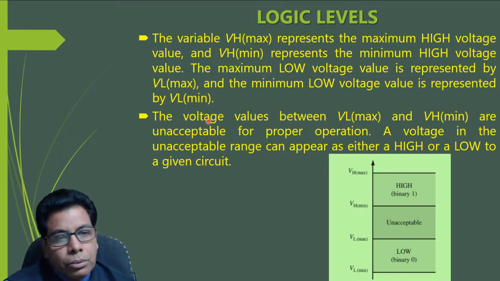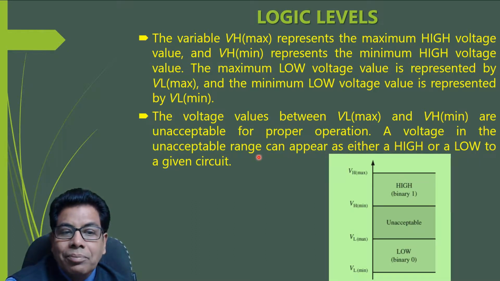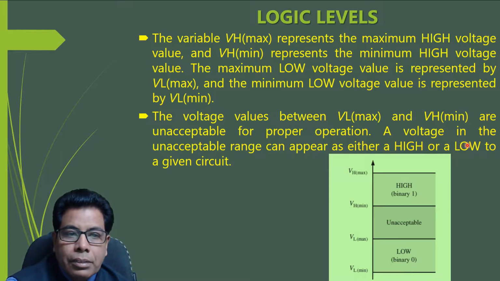The voltage values between VL max and VH min are unacceptable for proper operation. A voltage in the unacceptable range can appear as either high or low to a given circuit, so we can't predict what the value will be.